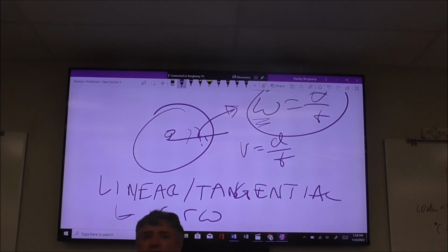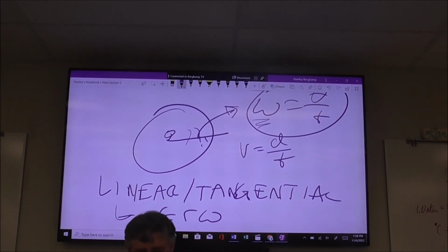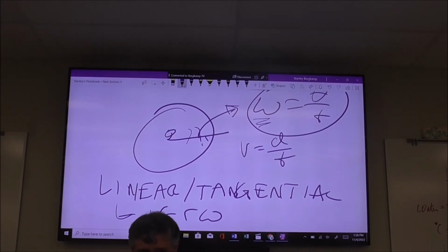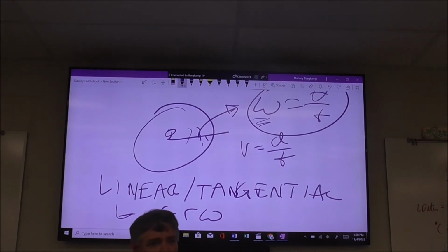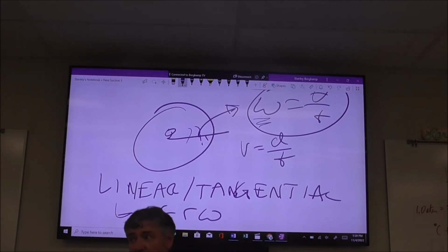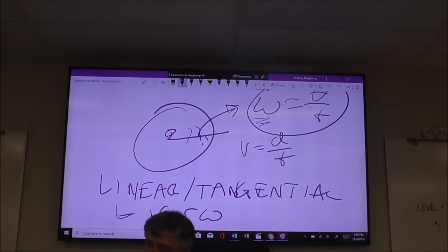No. Which one would have the greater speed? The farther one. Why? Because it's having to travel a further distance in the same amount of time. So this point out here has to travel a greater distance in the same amount of time as the point here.